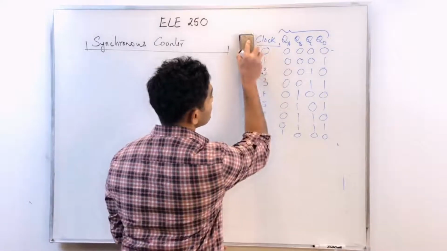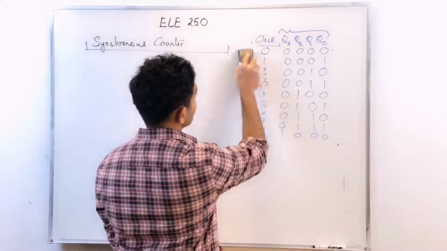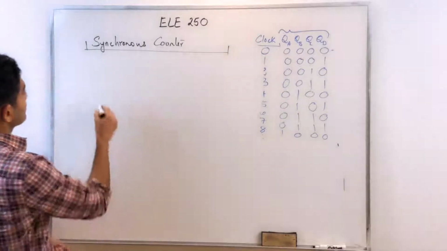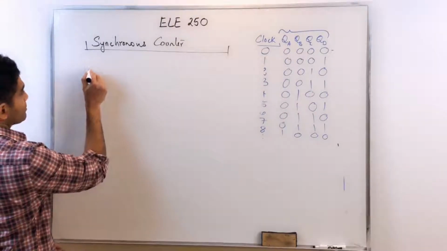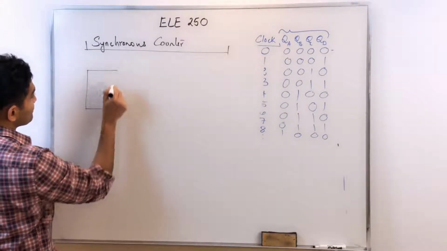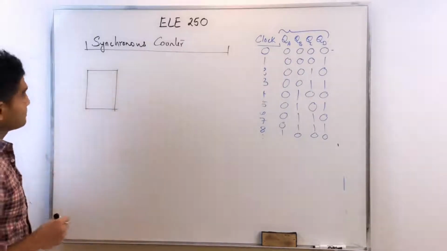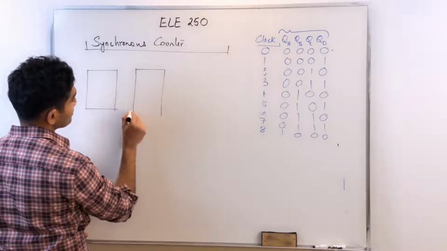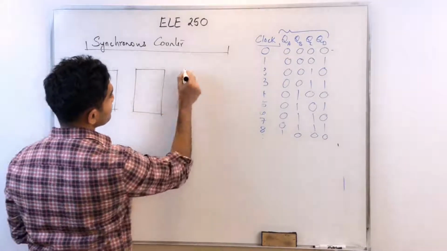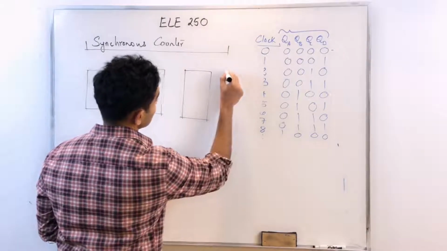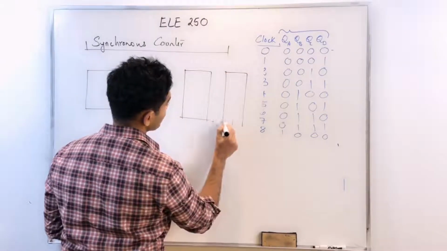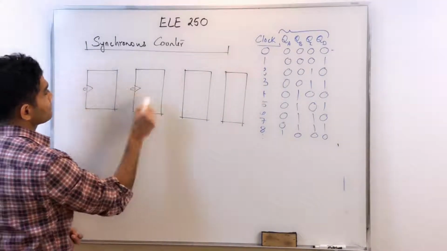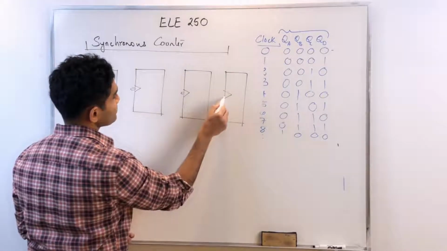Let me save that. In this case I'm trying to come up with a modulo 15 counter like before. The only difference now is I would like to have it synchronous. That means each of my individual flip-flops is applied the master clock at the same time. So these are the enable inputs.